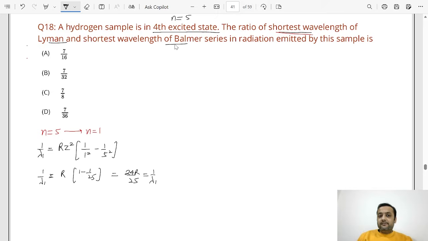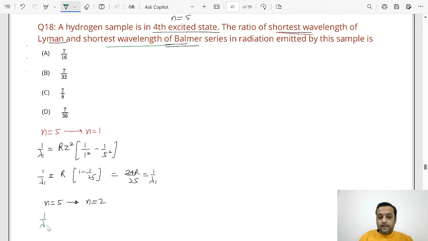Then similarly for the shortest Balmer, what should we have? Again the initial state was 5, and for the shortest Balmer, the direct jump should happen to n equals 2, because Balmer means the final state is 2, and for maximum energy the shell difference should be maximum. So a 5 to 2 direct jump should happen, then you will get the shortest wavelength.